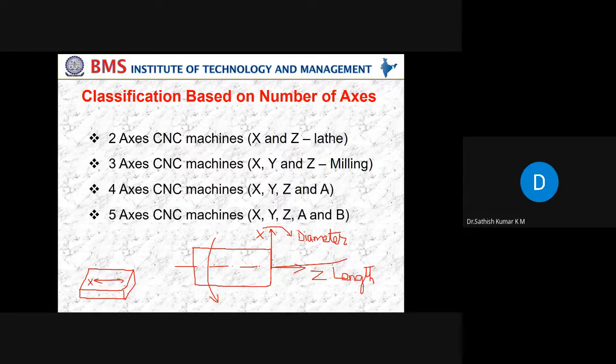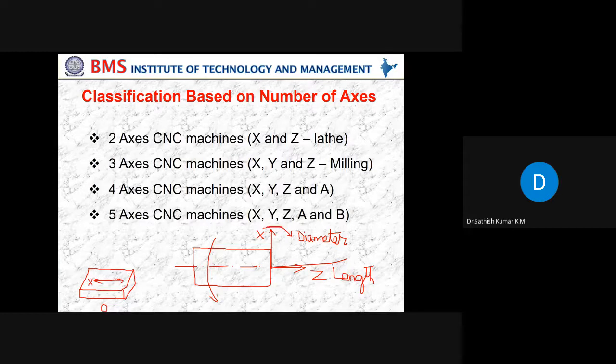Remember the basic concept that turning is carried out on cylindrical work parts, and milling is carried out on prismatic or cubical type work parts. Now this is called X movement. That means, let's assume I am the operator here. To the left of the operator and to the right of the operator is called X.